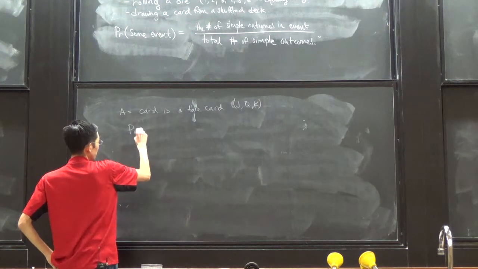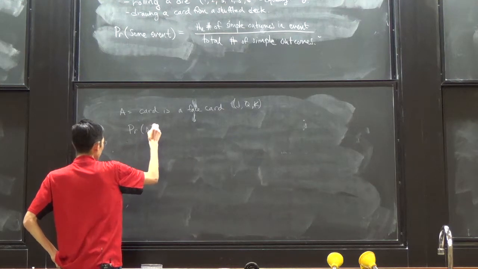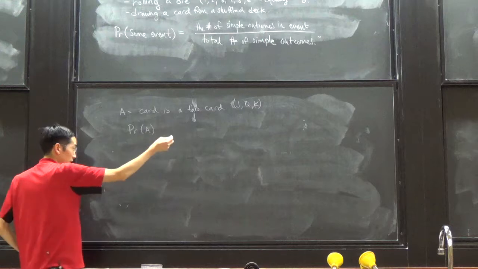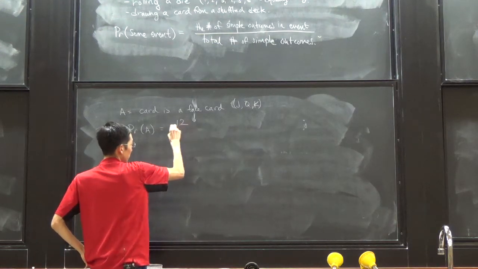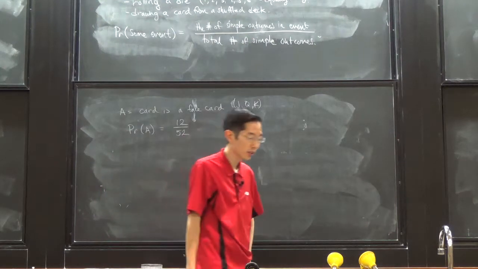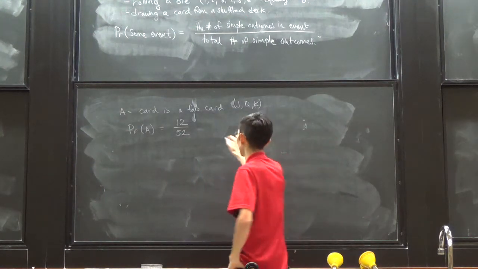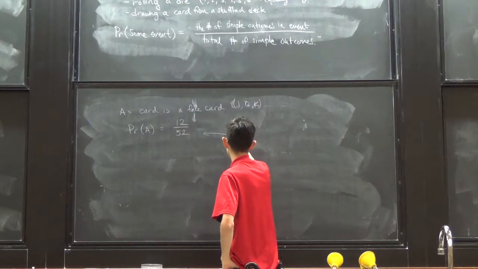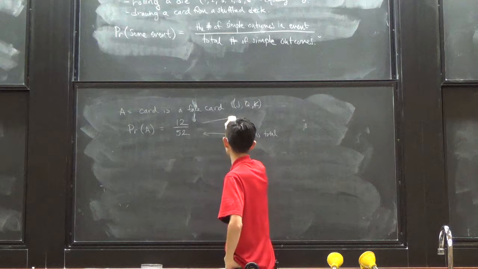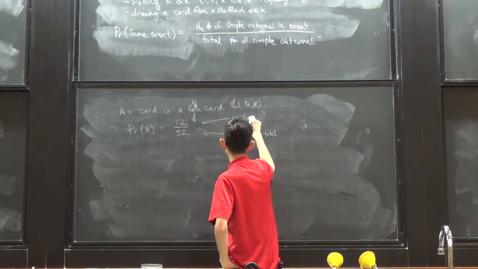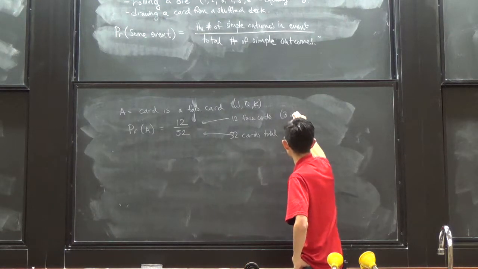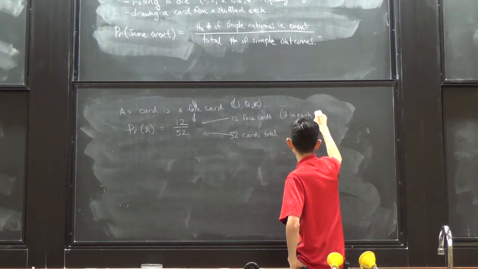Okay, so the probability of drawing a face card is equal to 12 out of 52, because there are 52 cards total. Face cards, 3 in each of the 4 suits.